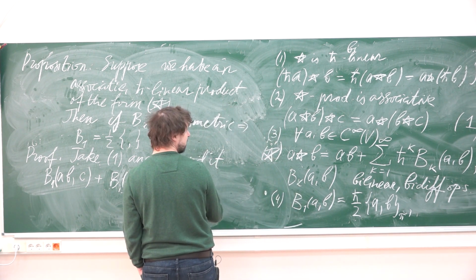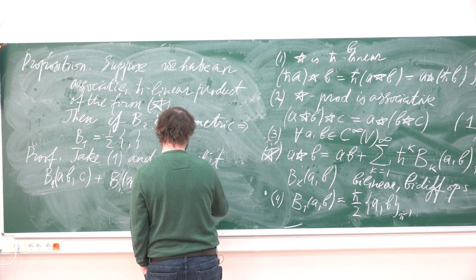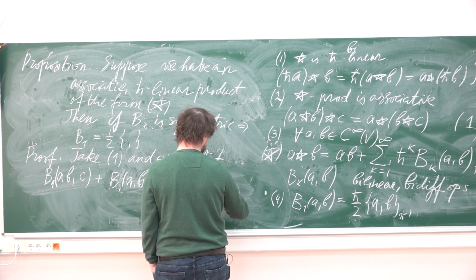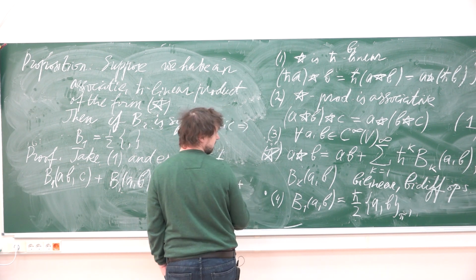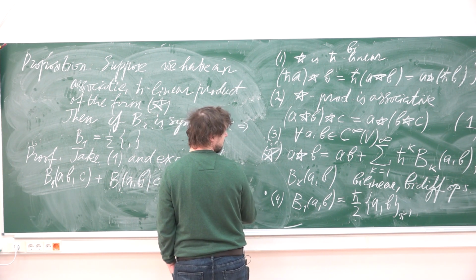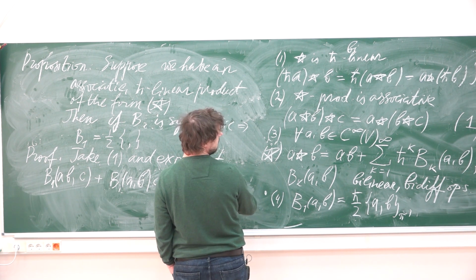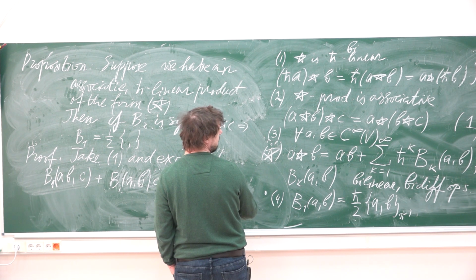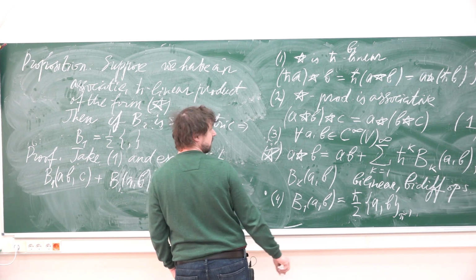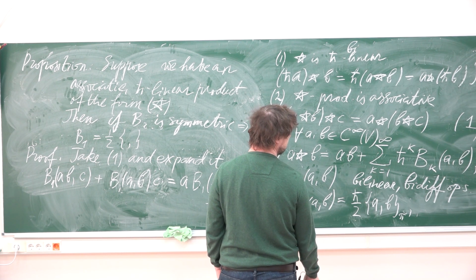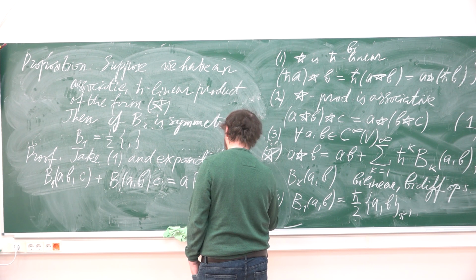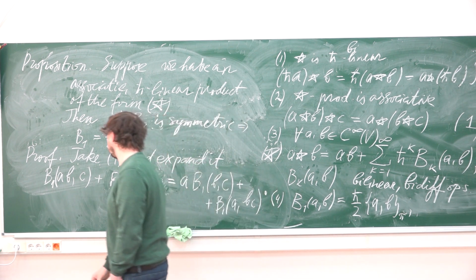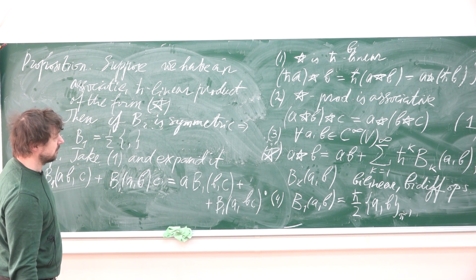And then also we have on the right B1(A, B), C, is equal to plus, what else do we also have? We also have B1(A, BC). Okay, I believe I haven't yet made any mistakes.